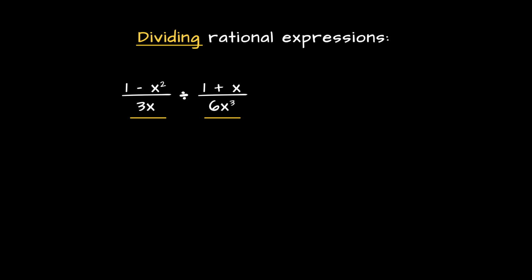We know that to divide fractions, what we want to do is multiply by the reciprocal, and it will be no different here. So the first thing I'm going to do is rewrite this as a product, and it will be the product 1 minus x squared over 3x times 6x cubed over 1 plus x.